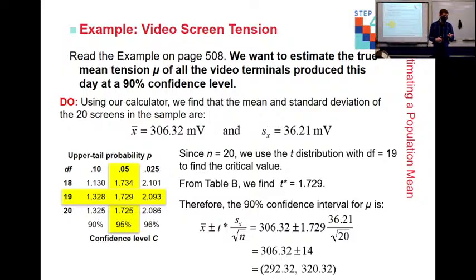Number 2, you need to say what the actual interval is. Number 3, you need to say that the parameter, whatever it was defined as in step 1, is between those two numbers. So my structure of the sentence is, we are 90% confident that the parameter is between those two numbers.